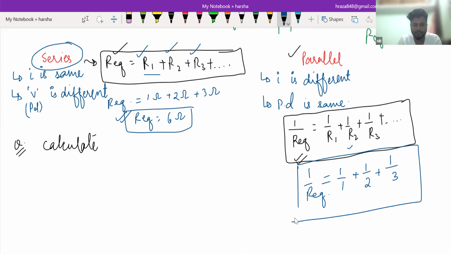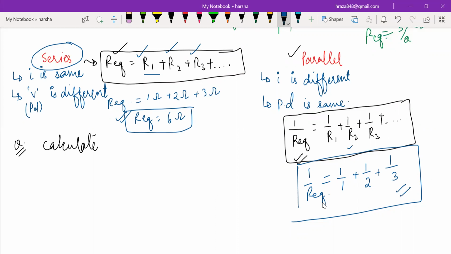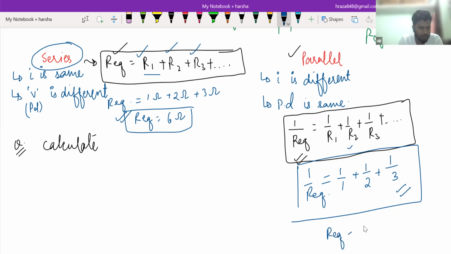Can anyone calculate this? Sarah, Harsha, and Abdullah. Just please solve this. Find the value of R equivalent. 6 by 11. That means basically you can see R equivalent is equal to 6 by 11, right?